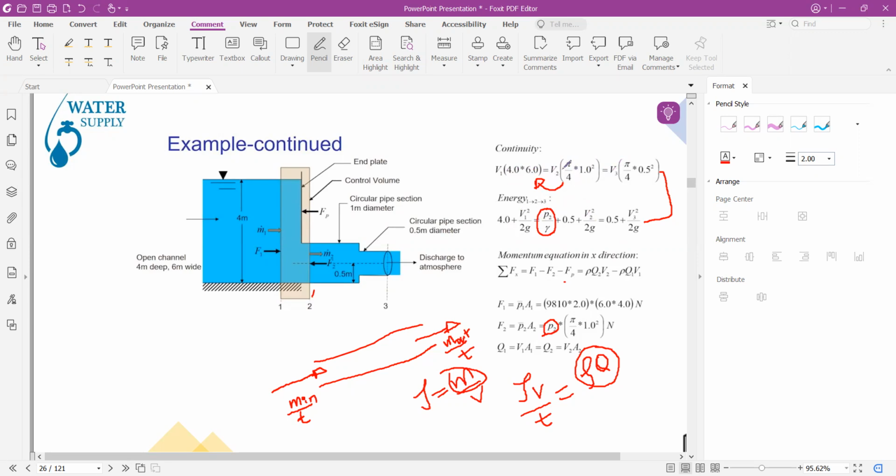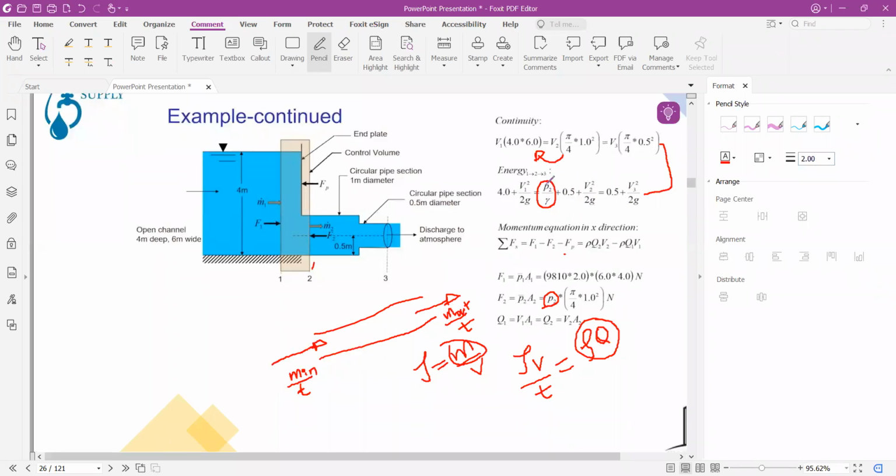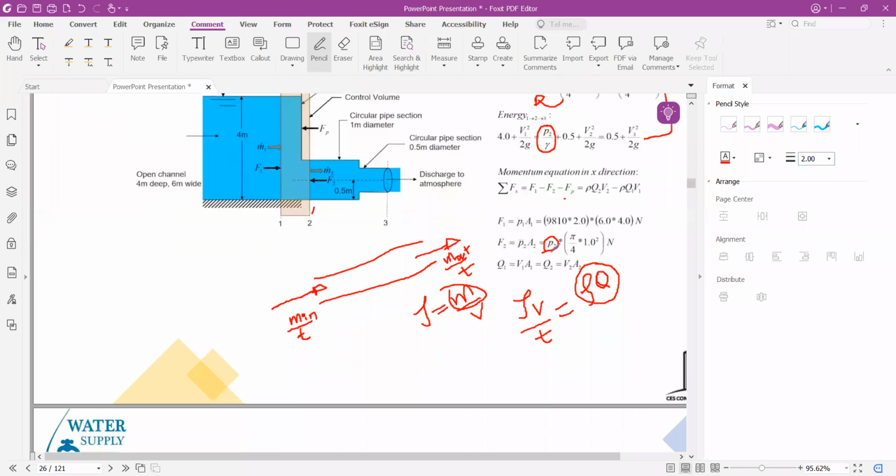So we can get the velocities V1, V2, V3, and when we put these values in this equation, we can get the pressure head. Knowing the pressure head, we can then put it in these equations to find F2 and F1, and then we can easily find the force exerted by the plate at the reservoir by putting these values in this equation.